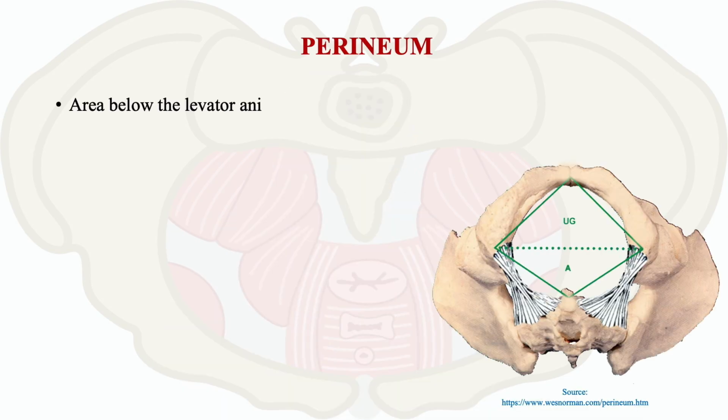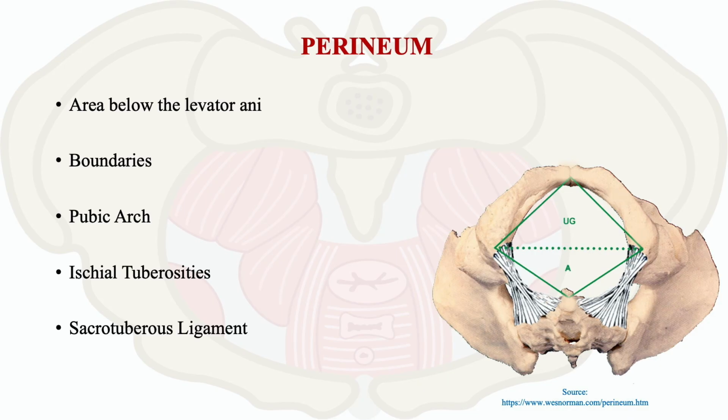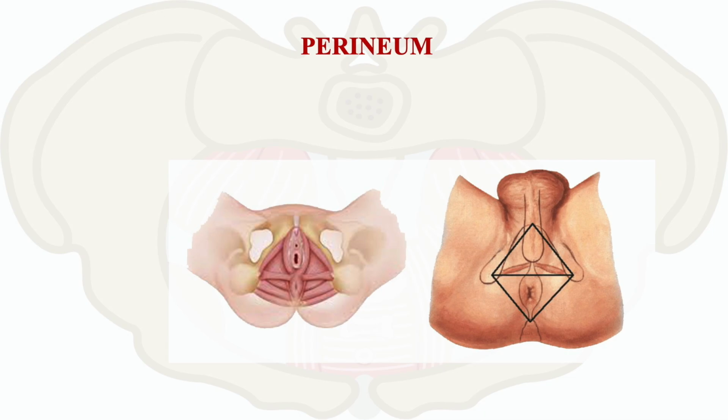Now let us understand about the perineum. What is the perineum? Perineum is the area below the levator ani, and the boundaries are pubic arch, ischial tuberosities, sacrotuberous ligament, and the coccyx. You can see in the picture also that diamond shape which is given is the perineum.